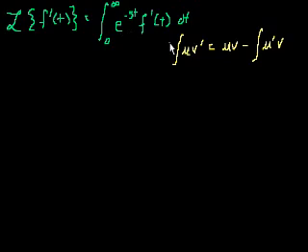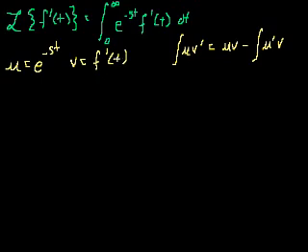So here the substitution is pretty clear, right? Because we want to end up with f of t. So let's make v prime be f prime, and let's make u be e to the minus st. So u is going to be e to the minus st, and v prime is going to equal f prime of t.